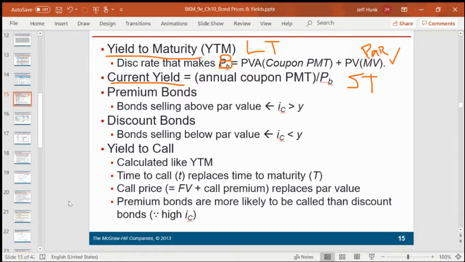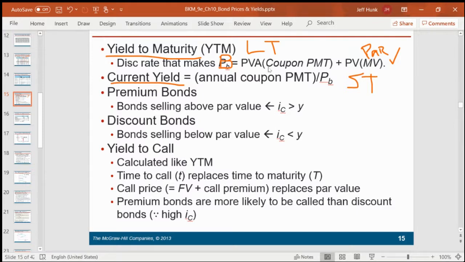So then the question is, if you look at the bond pricing model, the left-hand side is the bond price, which is the present value of everything, the present value of the right-hand side.